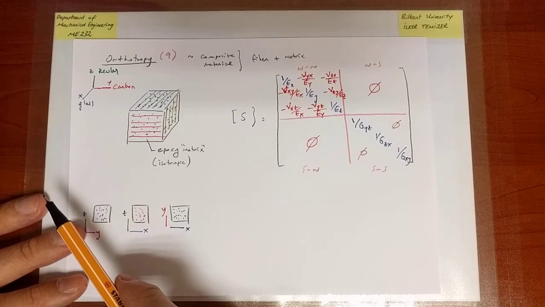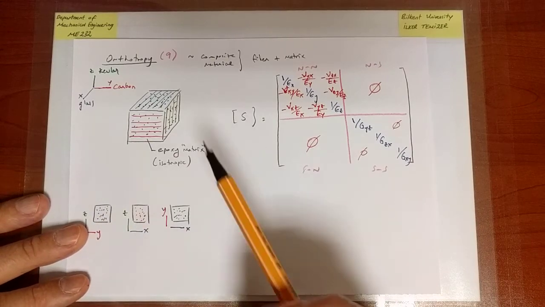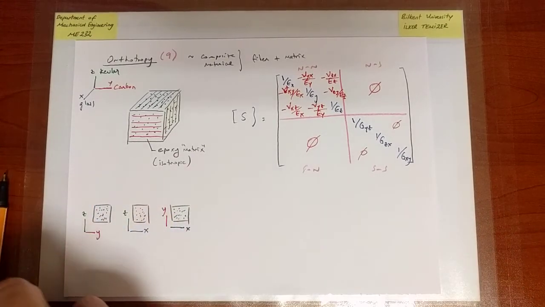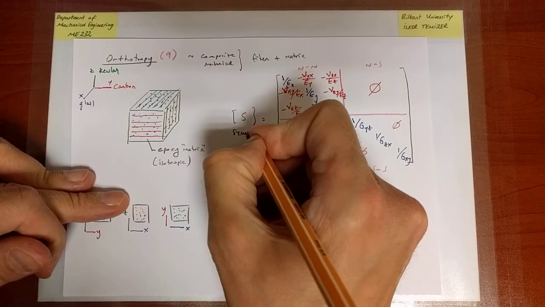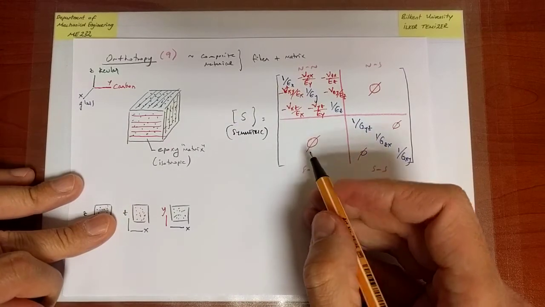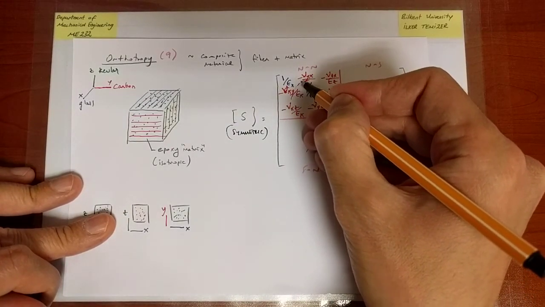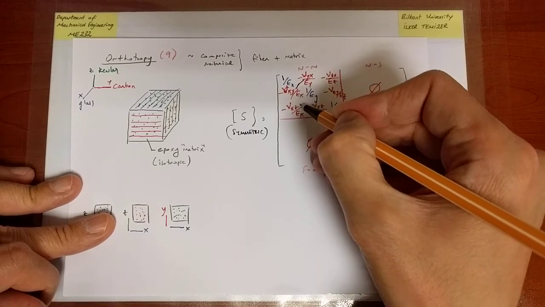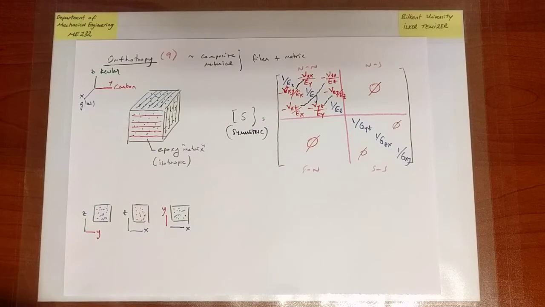So if you think about that question for a few seconds, you remember that always the compliance matrix is symmetric, which you have to remember. And therefore, the two terms here, these, for instance, they are equal to each other. These are equal to each other, and these are eventually equal to each other.